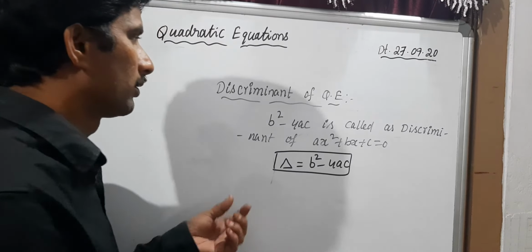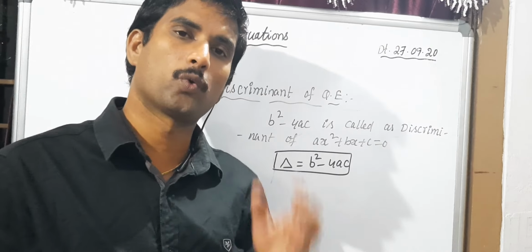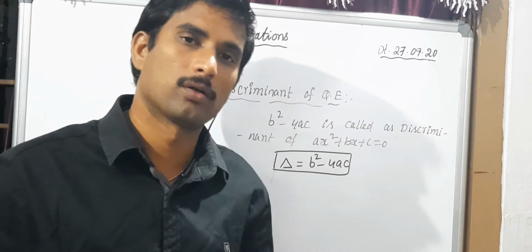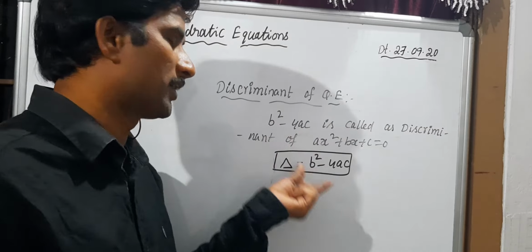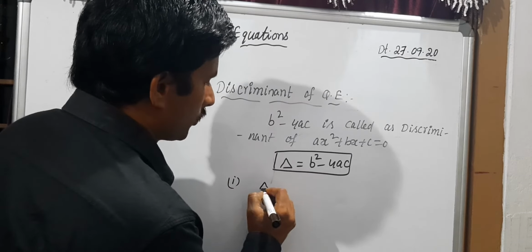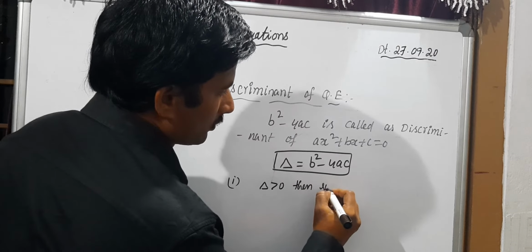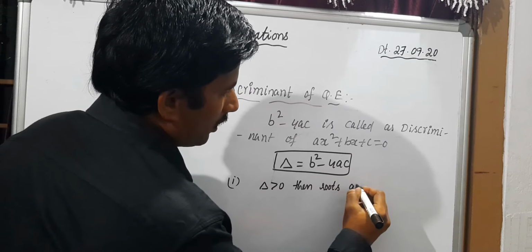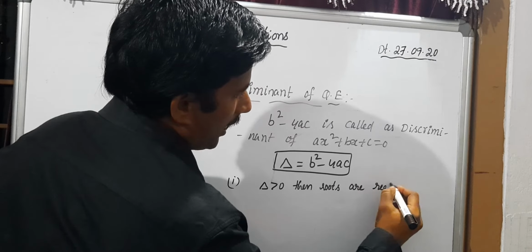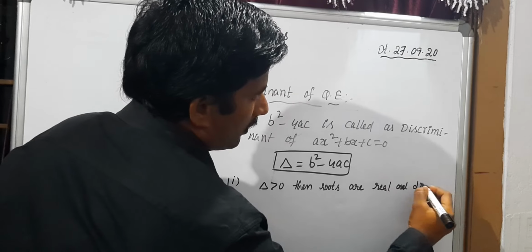Now, the quadratic equation has two roots, and those roots may be real or complex. It depends upon the discriminant value. In the first case, if delta is greater than 0, then the roots are real and different.